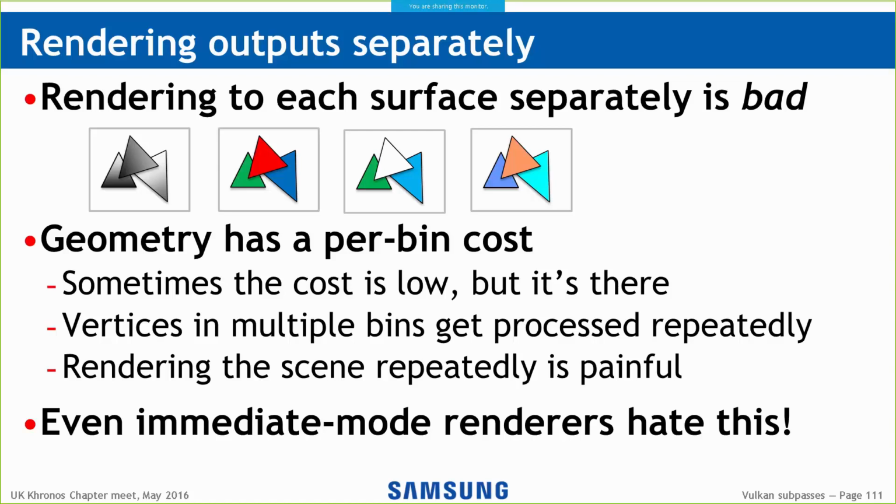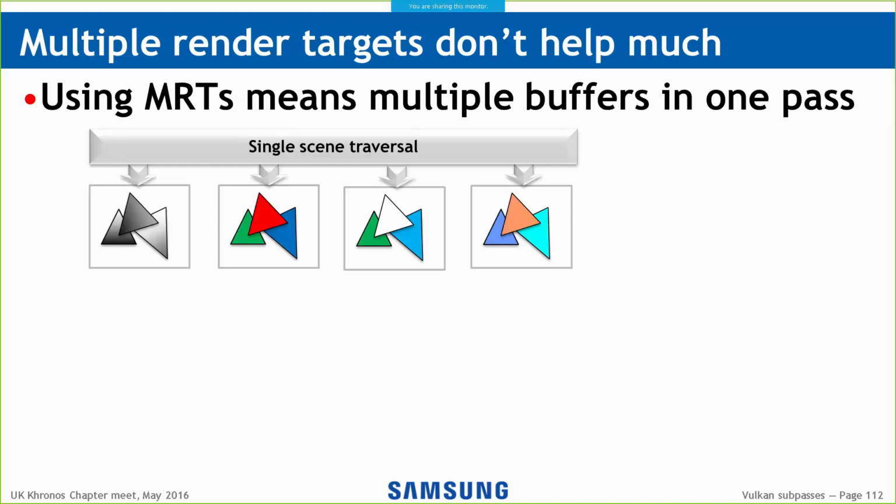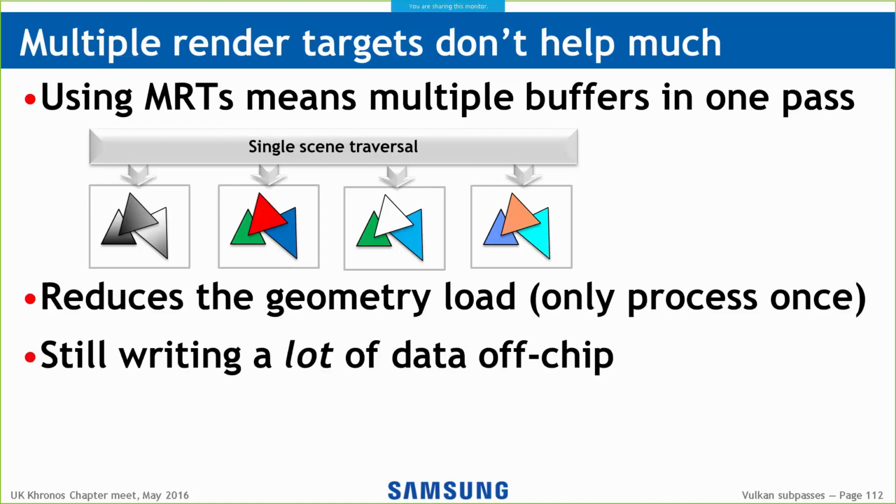So the way you get around this on a desktop system is you use multiple render targets. You write out to multiple frame buffers in a single pass. And while that reduces the amount of geometry you have to process, you're still writing all of this data to external memory, which is fine for a desktop chip that's an immediate mode renderer with fast external bandwidth, and not really very good for mobile.